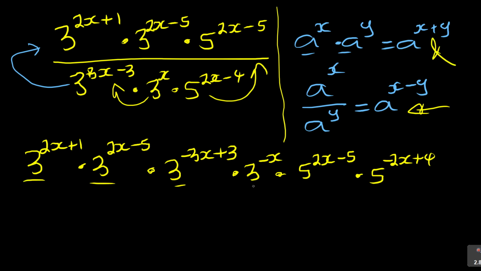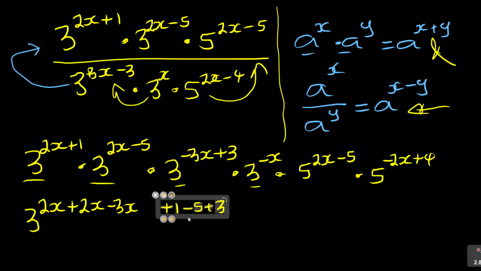Same base, you add them. So it's 3 to the power. While I'm adding, I'm collecting like terms. I've got 2x, another 2x is plus 2x. There it's minus 3x. Those were the x numbers, plus 1, minus 5, plus 3. I think I forgot that x. Let's leave a bit of space.